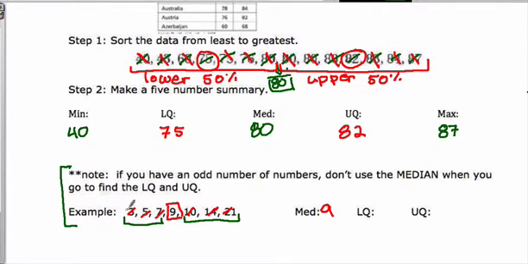I'm not going to use my 9, so I go boop, boop, and that means I get 5 for the lower, and here I get 14 for the upper. So if your number is within your data, you're not going to reuse it when you go to count. If your number is something that you have to find the median for, then these two numbers here will be used when you go to count for your upper and lower quartile. Okay, so we have our numbers here. So now let's actually make the plot.